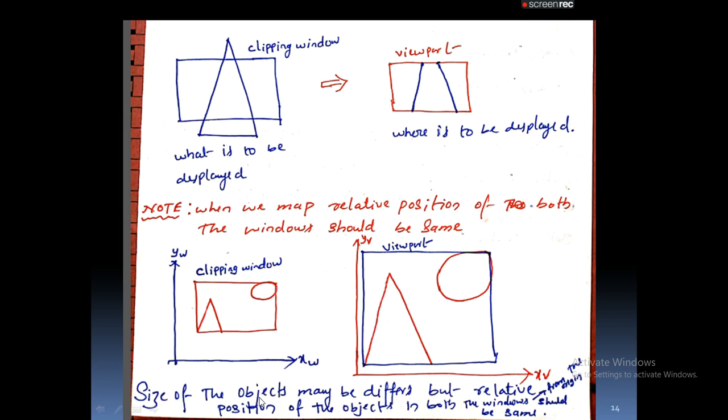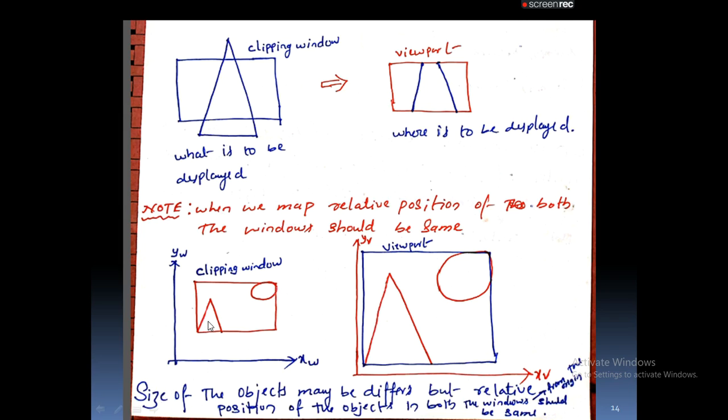But the relative position of the object in both the windows should be the same. That is, if the triangle starts from the origin of the clipping window, that triangle has to be displayed at the origin of the viewport only. This is called the relative position of the objects in both the windows being the same.